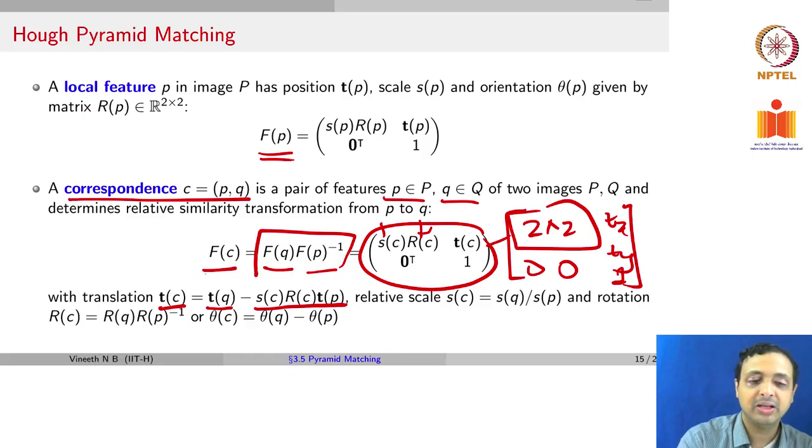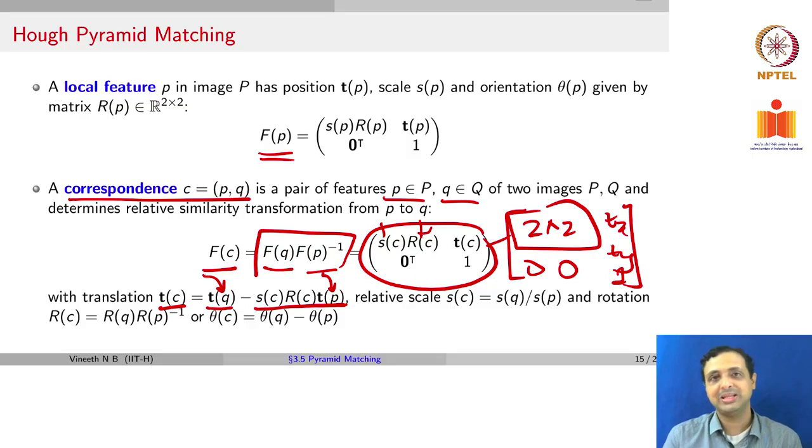Why is that so? tq is the position of q in image q, tp is the position of point p in image p, and scrc says how you rotated p and zoomed p to get to a point in image q. The difference between those two locations is going to be the actual translation tc.